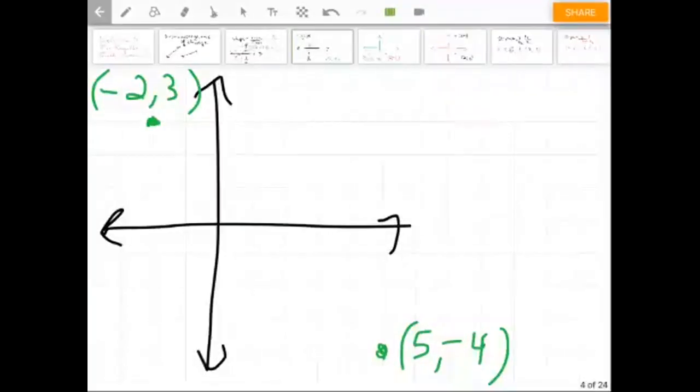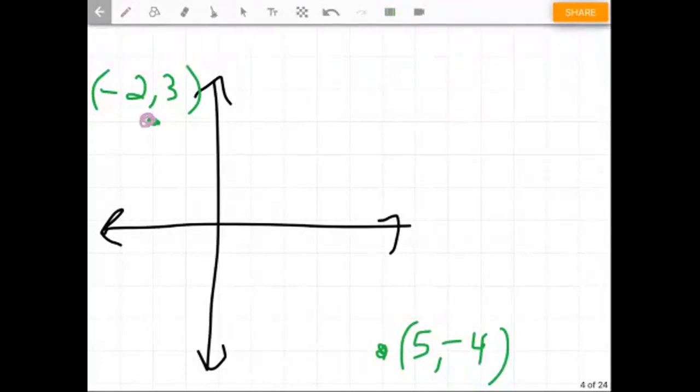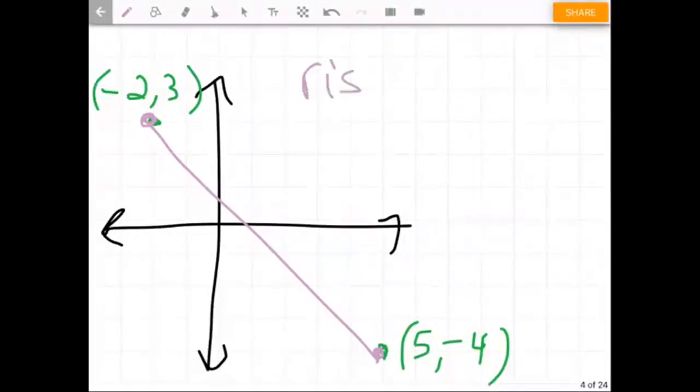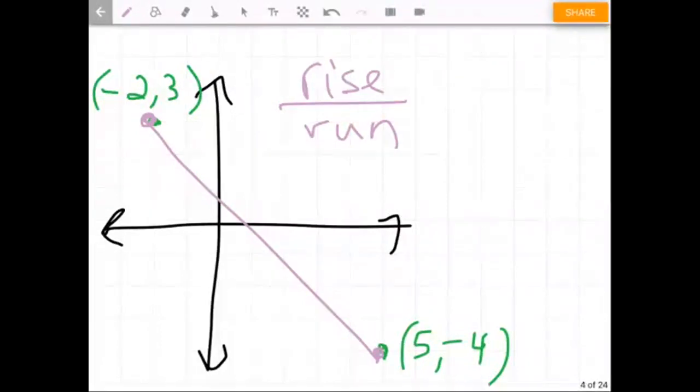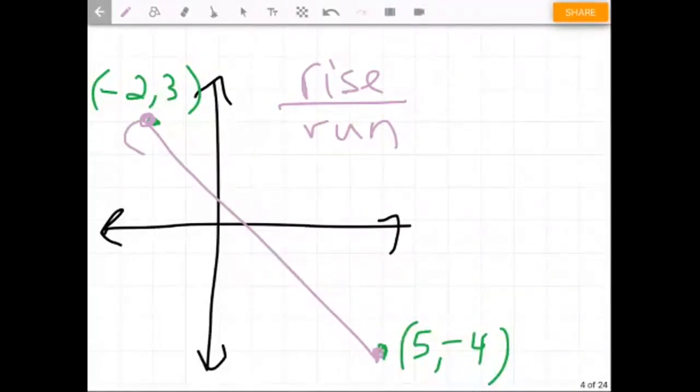All right, we're going to do another example. Again, we're going to use the definition of rise over run. Notice here I have a left-hand point and a right-hand point, and I want to know the slope to get from one point to the other. We start at the left-hand point, and we have to go down. Counting down, 1, 2, 3, 4, 5, 6, 7.